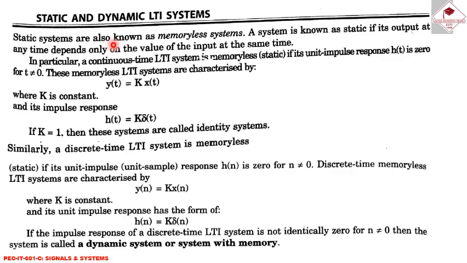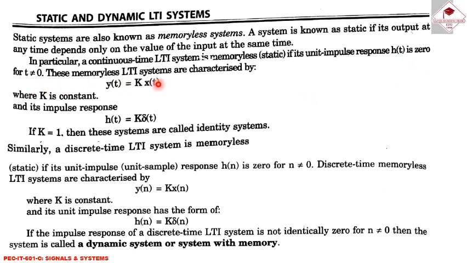Next, static or dynamic LTI system. Static system is also known as memoryless system. A system is known as static if its output at any time depends only on the value of the input at the same time. In particular, a continuous time LTI system is memoryless if its unit impulse response h(t) is 0 for t not equal to 0.